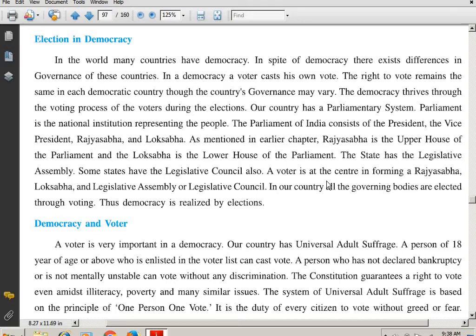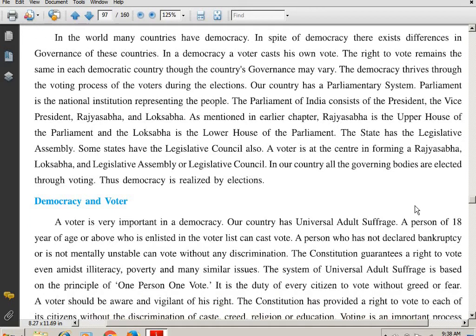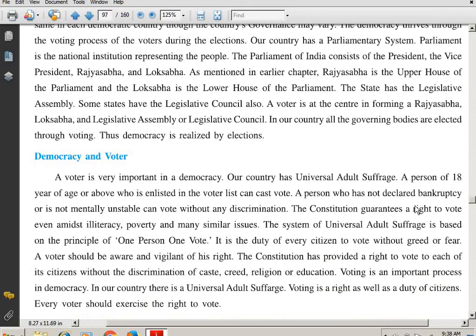In our country, all the governing bodies are elected through voting. Thus, democracy, the largest democracy that we are talking about, is realized by elections.